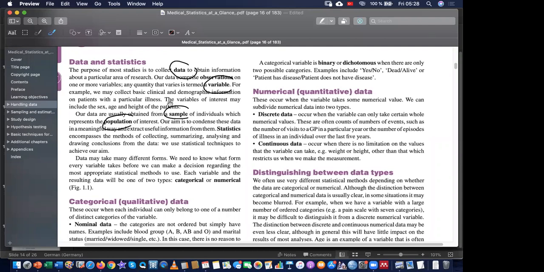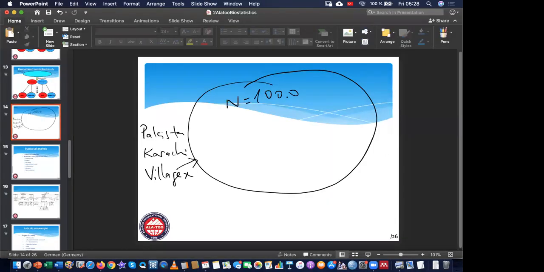And from this, we need to select a sample because it is difficult to reach all these 1,000 and collect data from each of them. Therefore, we select a sample of n number of people, and this should be random sampling.